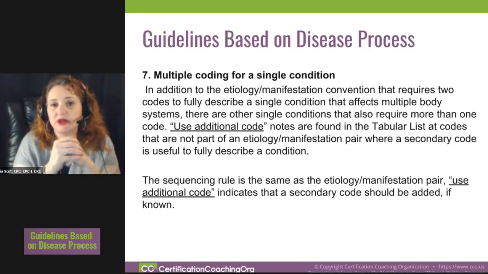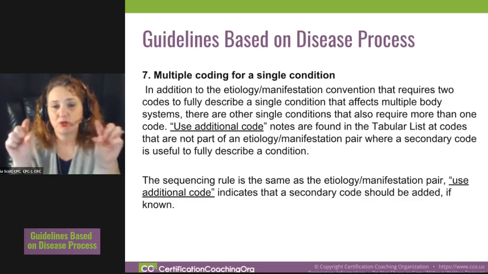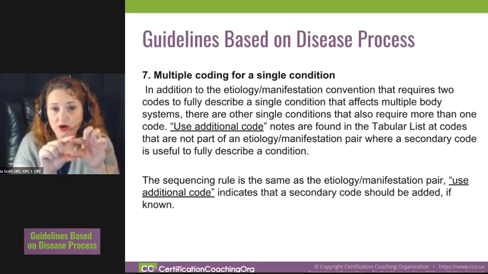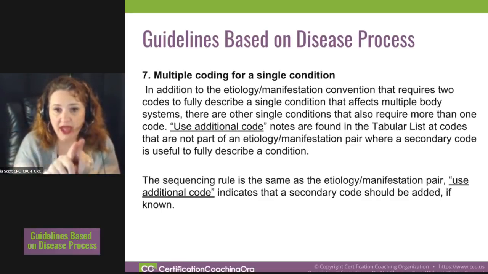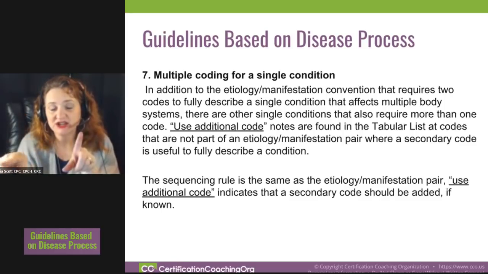We can even get it more fine-tuned, in that there is a diabetes code just for patients that have diabetes and renal manifestations. So we would code that, and then the manifestation is this CKD.